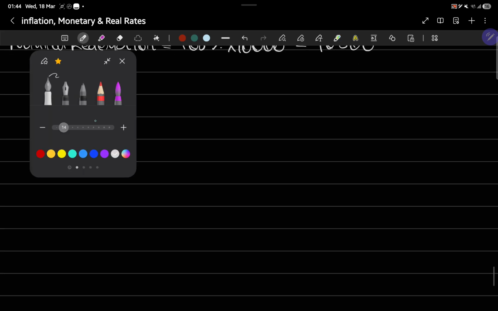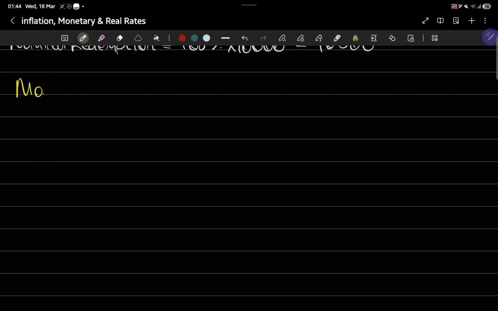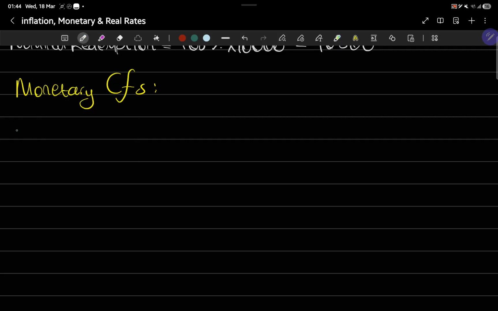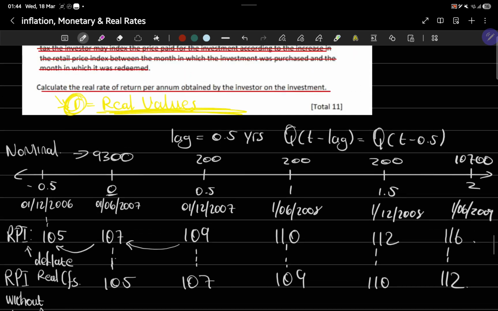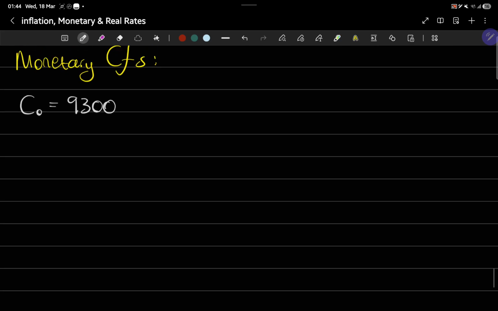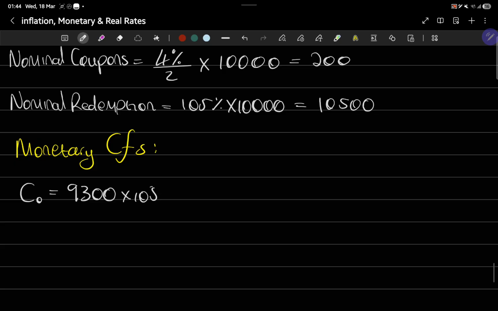So first we get the monetary cash flows. The first monetary cash flow, I'll call it C0, is 9,300. It's already at time 0. So the monetary cash flow will be the RPI without lag at time 0 over the RPI without lag at time 0, so times 105 over 105 to give us 9,300.